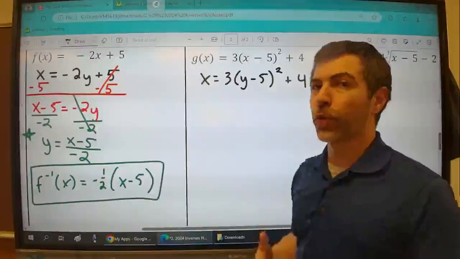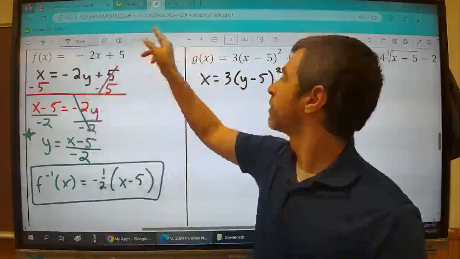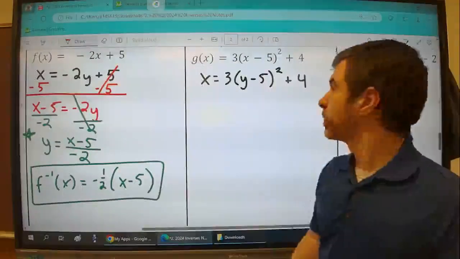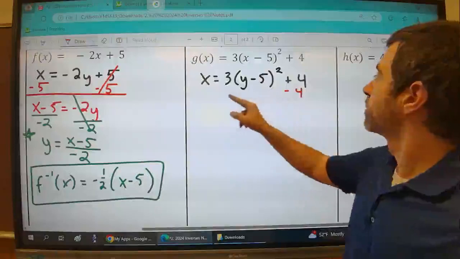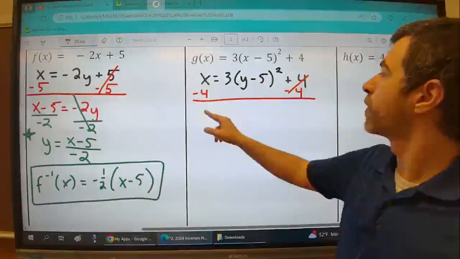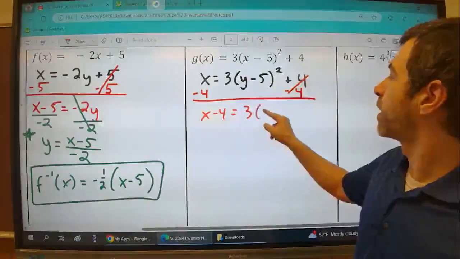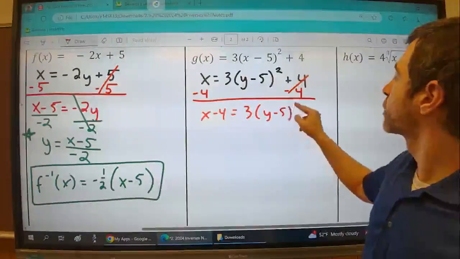And now I need to solve for y again. First thing I would do is subtract 4 from both sides. That'll cancel. And I have x minus 4 equals 3 times y minus 5 squared.